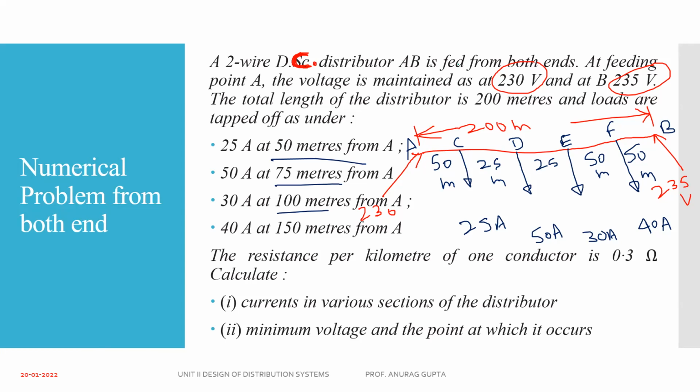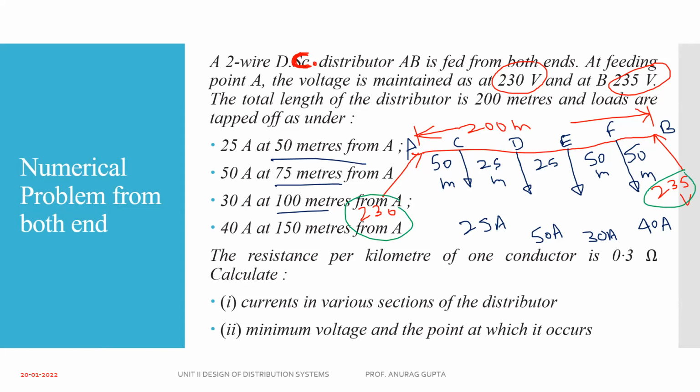Again, what do you want to ask actually? You can unmute yourself, Aslo. My question is, because we already solved one numerical, in that one we fed equal voltage from both ends.